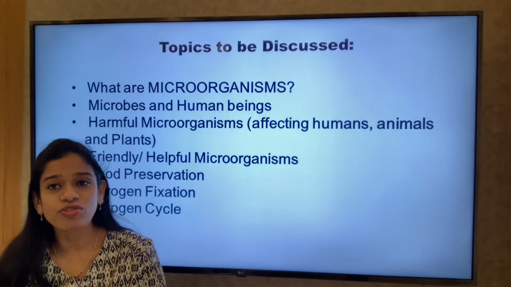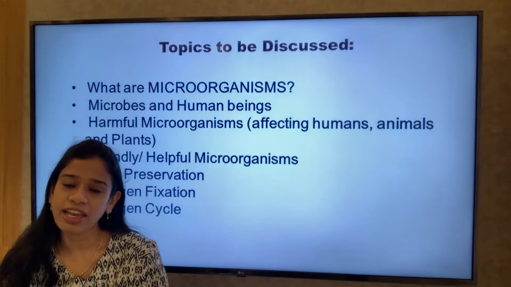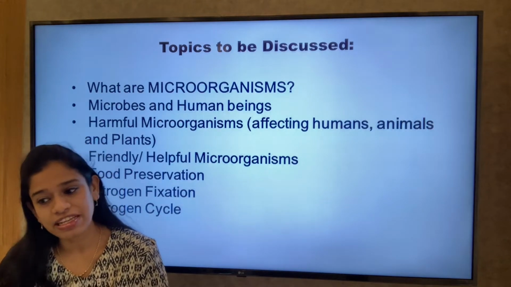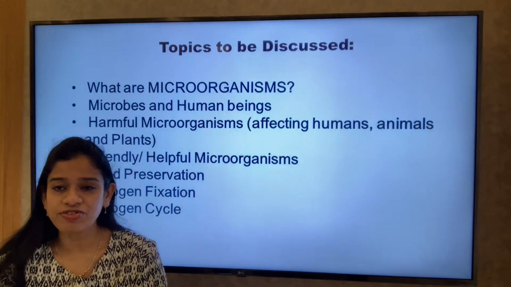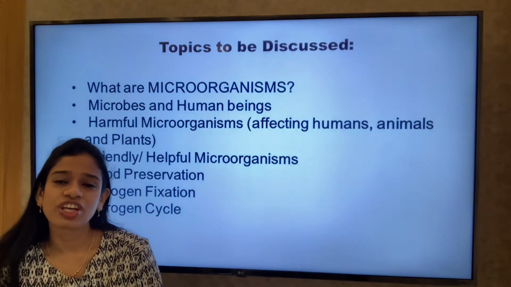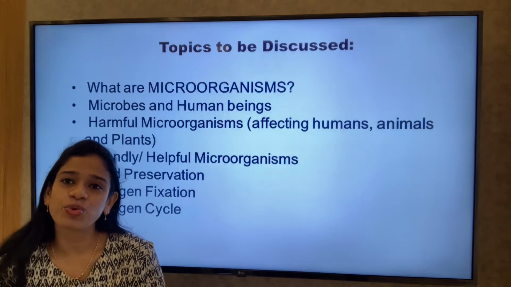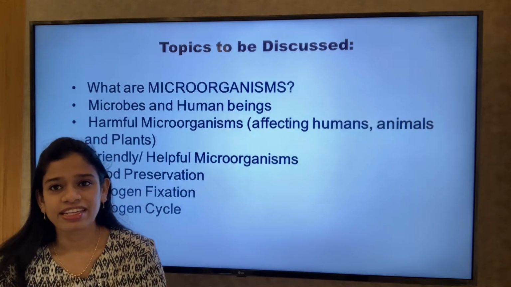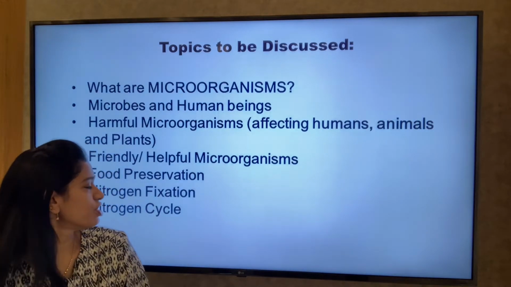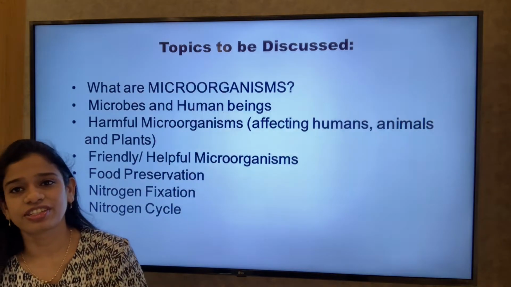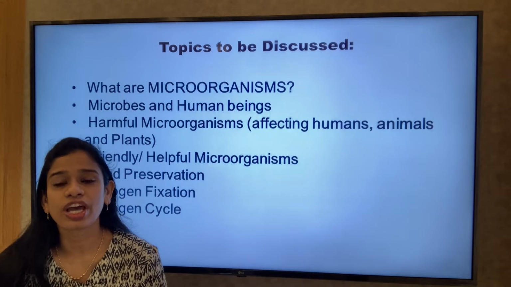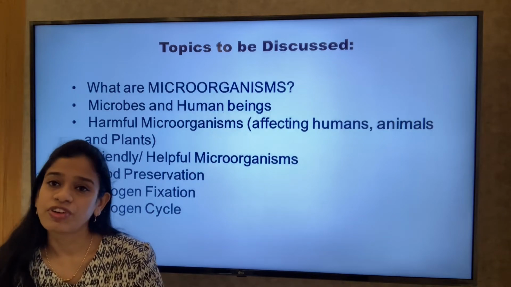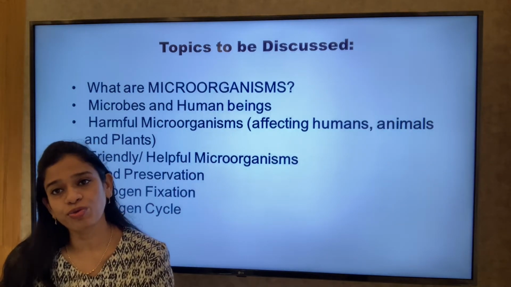So the harmful ones which actually affect animals, plants as well as humans, the friendly ones which are friends for us and which help in different works of being friendly. It helps in preservation of foods, nitrogen fixation, and finally the nitrogen cycle, which is a great help for the plants which prepare their own food.